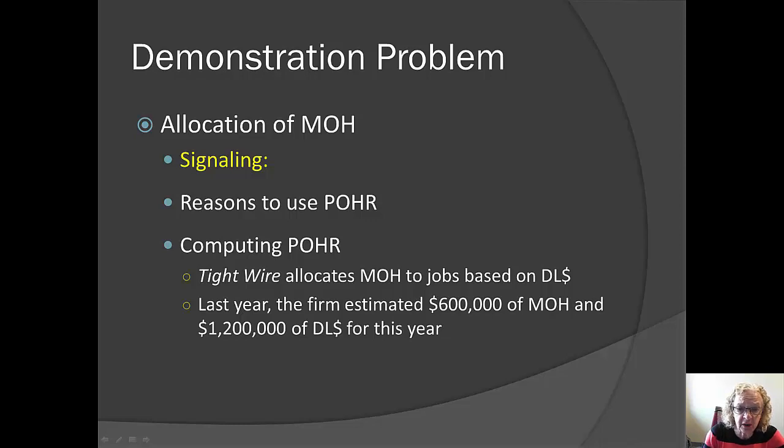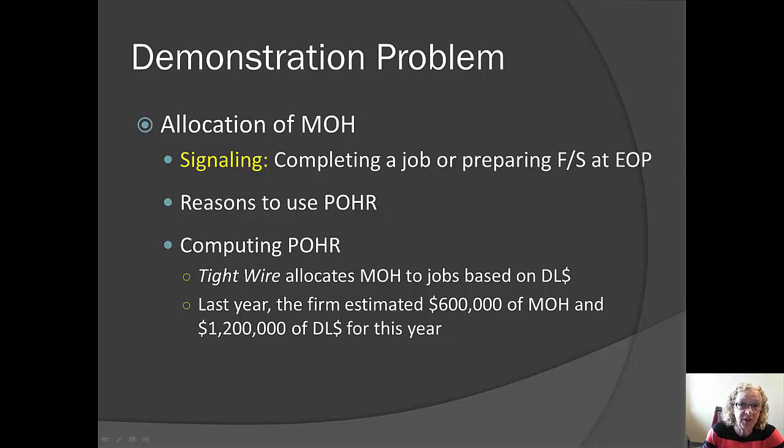When we use materials, we have documentation. When we use labor, we have documentation. But for overhead, we have to wait either until we've finished a job, and that's a signal to recognize the overhead that has been consumed by that job, or wait until the end of the period when we need to prepare financial statements.